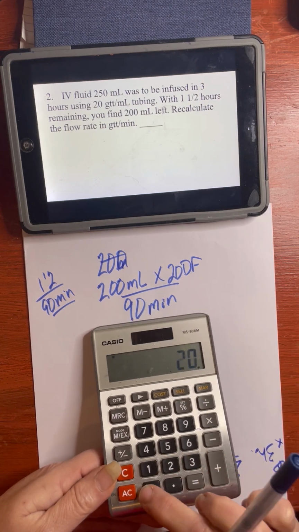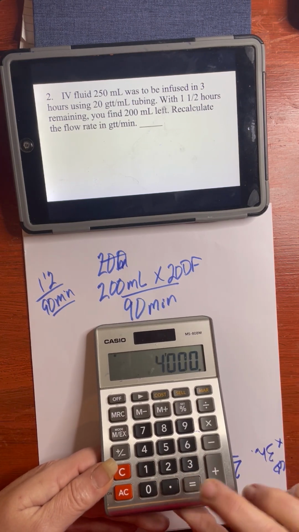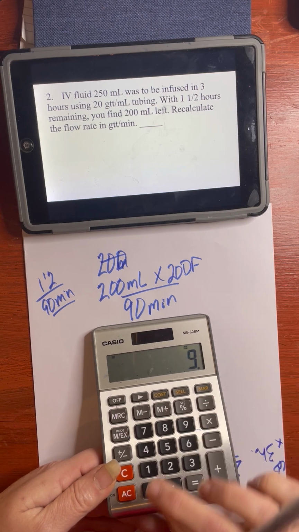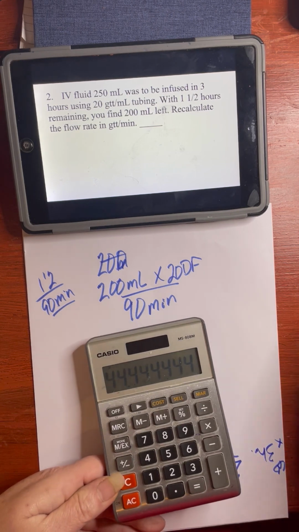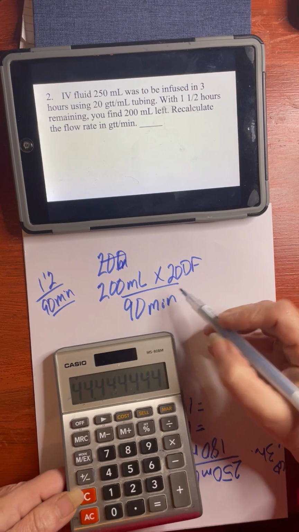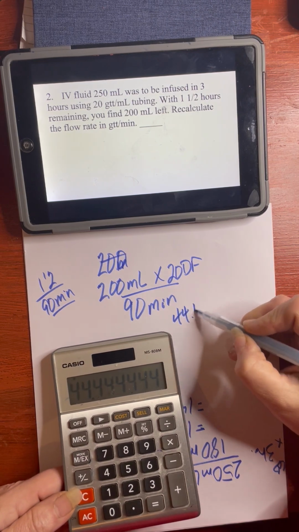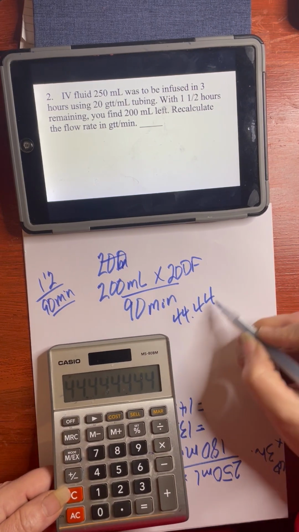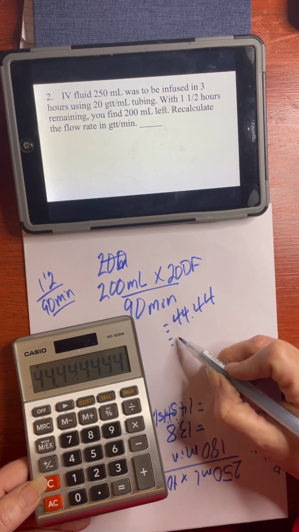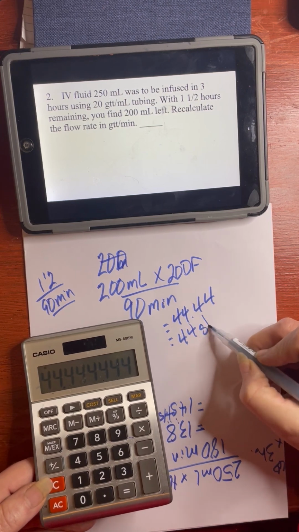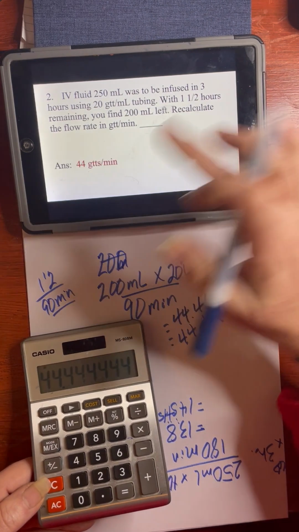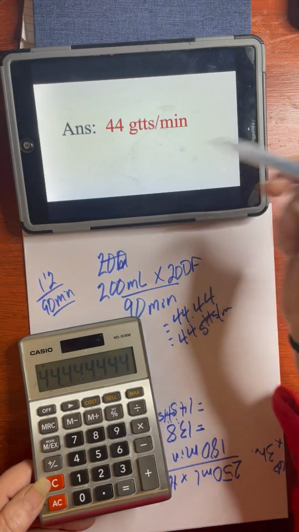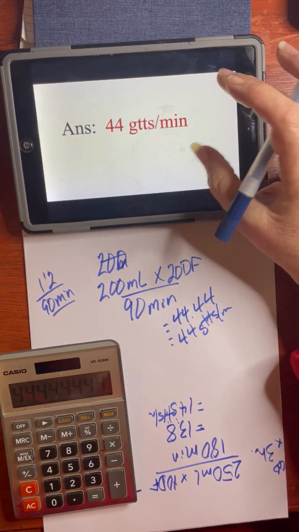So 200 times 20 divided by 90 is 44.44. That's not going to hurt anyone, so it'd be 44 drops per minute. Boom. We saved another one.